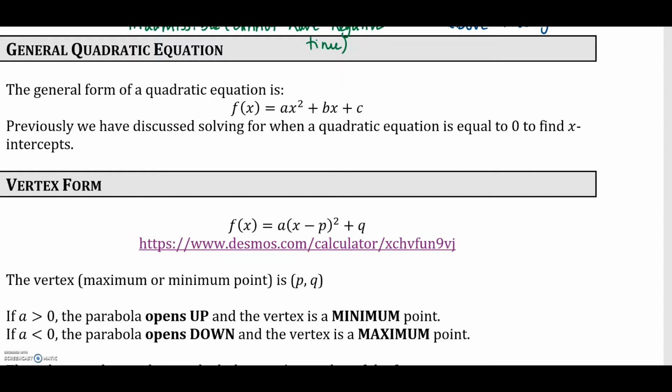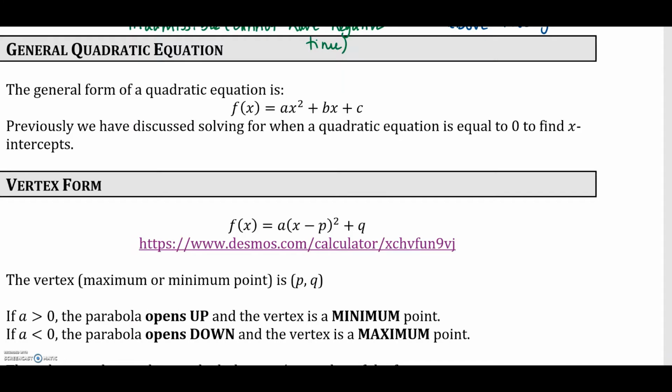The vertex (p, q) will either be a minimum or a maximum point, depending on whether the parabola opens up or down. The direction of opening depends on the constant a, which is out front of our x term. If a is greater than 0, then our parabola opens up and we have a minimum.